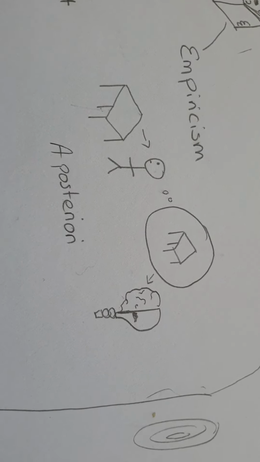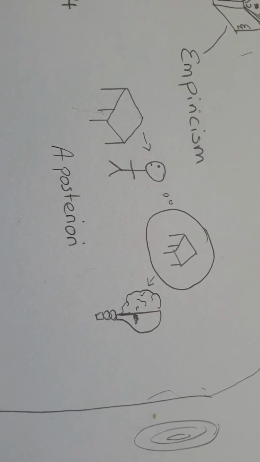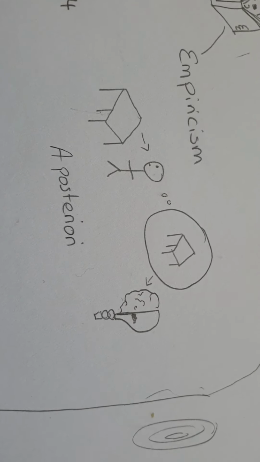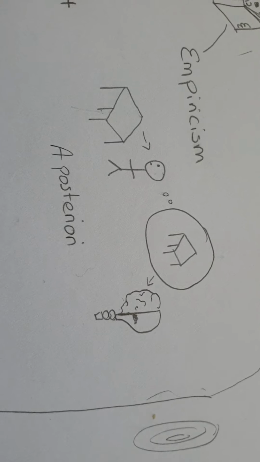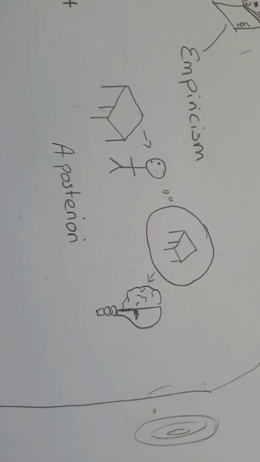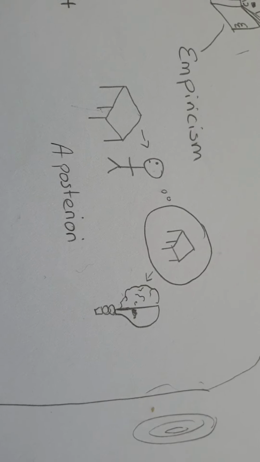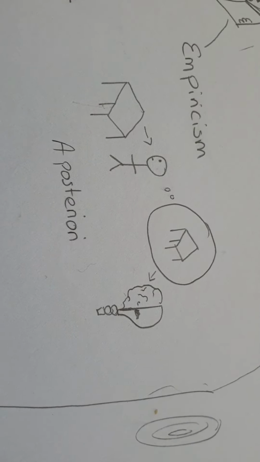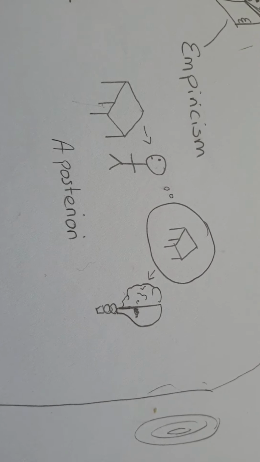We have to go out into the world and see a table with our eyes. We use our senses to interact with the world around us, and that is how we gain knowledge of objects and of anything. They don't believe that you can, purely using the power of reason, work out any new information.